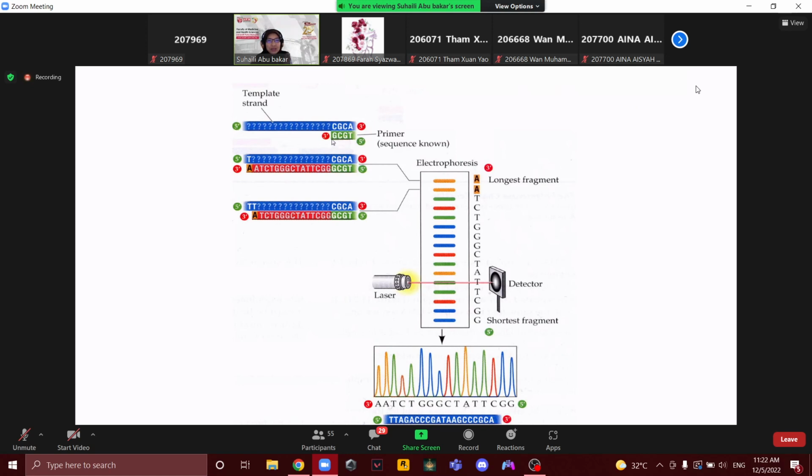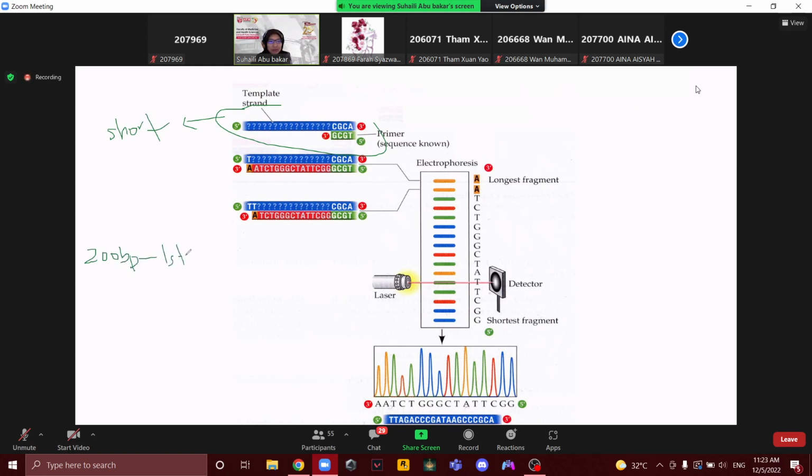Remember, this is the PCR product. You already did the first PCR. So the PCR product is specific and very short. You amplify, for example, 200 base pair in the first PCR.